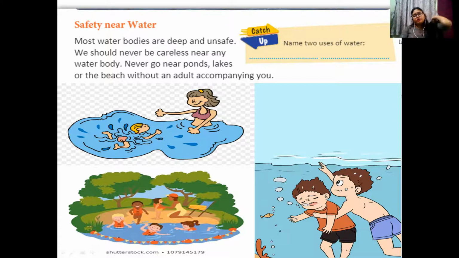Most water bodies are very deep inside, so that's why this is not safe for you. So you should never be careless. When you go near the water body, always be very careful, and always go with your parents or an adult.